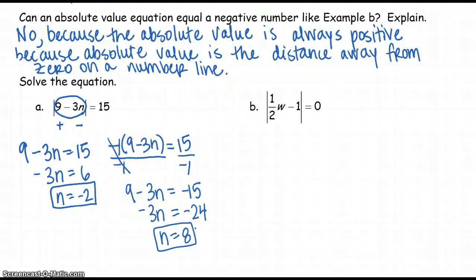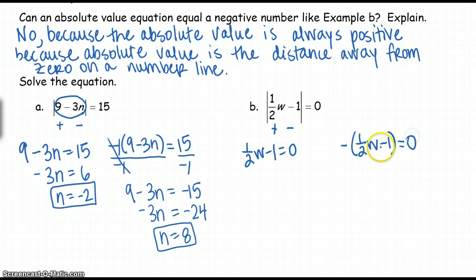So let's go ahead and talk about B. So absolute value has to be the positive and the negative, and it's going to equal 0. So let's think about positive and our negative. So 1/2 W minus 1 equals 0, and the negative of that, 1/2 W minus 1 equals 0. Now over here, if I add 1 to both sides, I have 1/2 W equals 1.